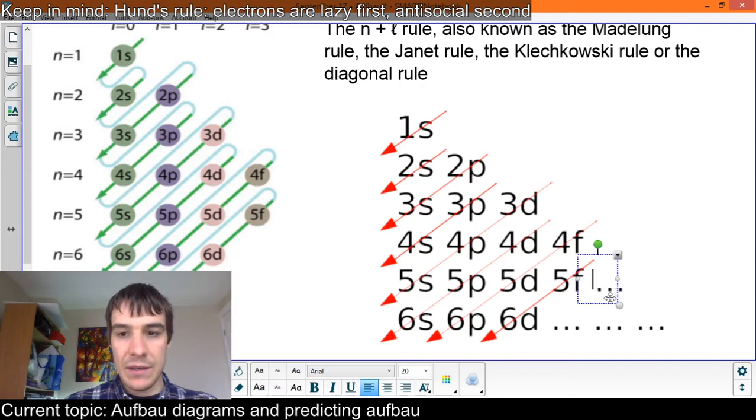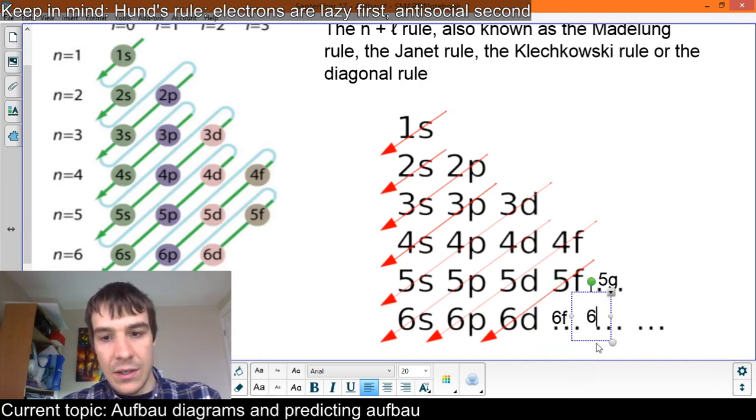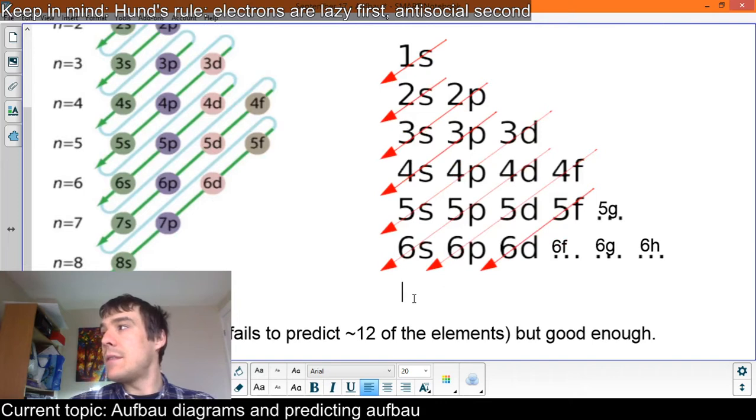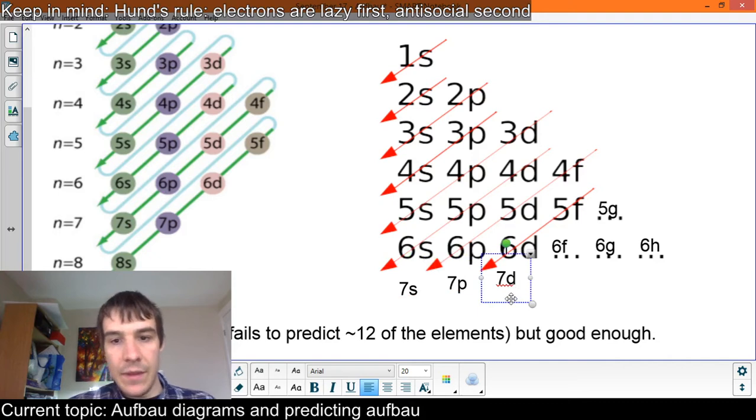And then 6f, 6g, and 6h. And then down here you'd have 7s, 7p, and 7d.